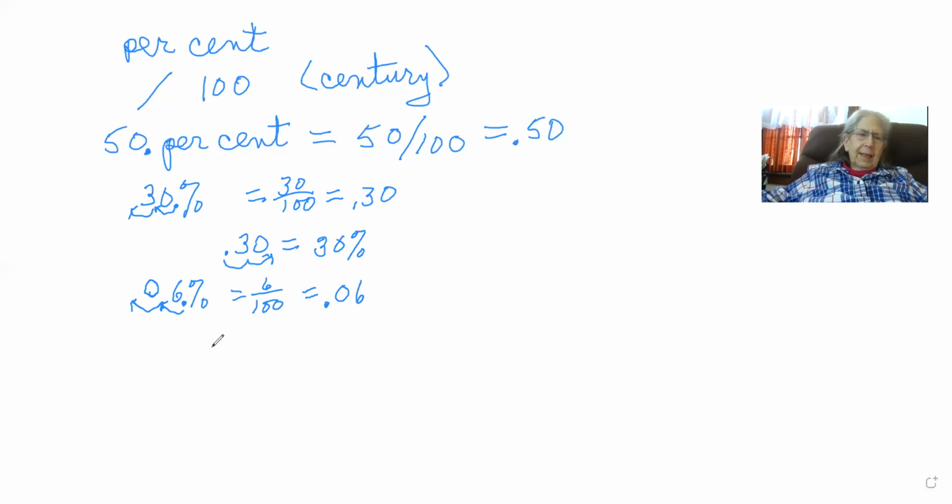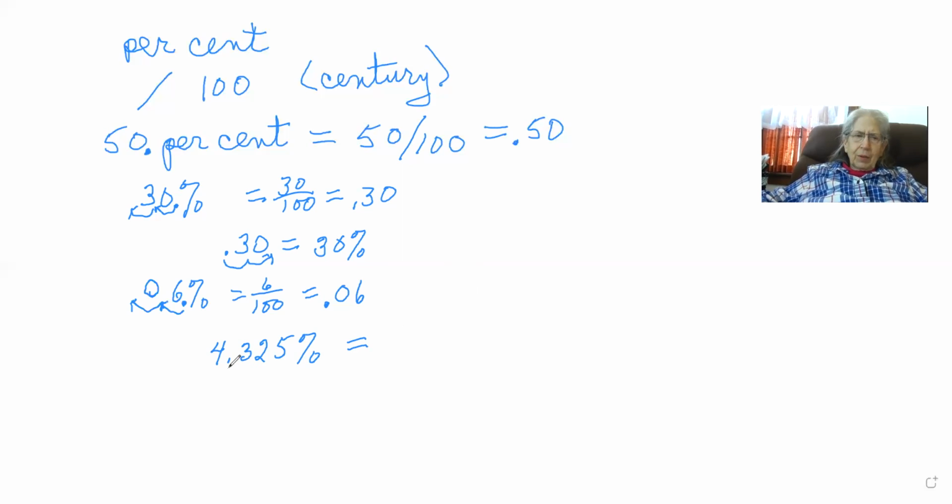What if we had 4.325%? Once again, well, it'd be 4.325 over 100, which is, dividing that would be ugly.